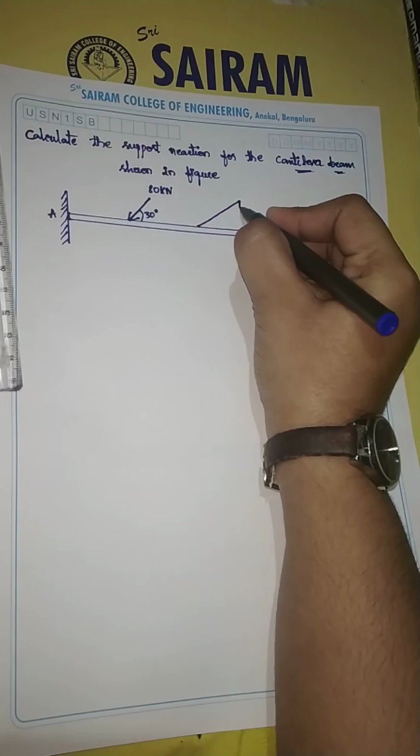What is a UDL load? A UDL is nothing but a uniformly distributed load. From one point to another point, the load will be distributed equally. The last one is 30 kilonewton, and this UDL I'm taking as 4 kilonewton per meter.